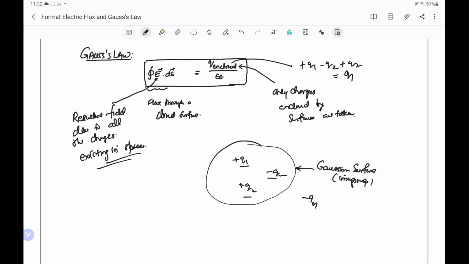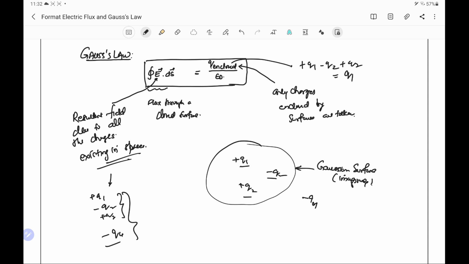While the electric field in the expression includes the electric field due to all the charges. These are the charges enclosed by the surface, and other than this, one more charge exists outside the surface, that is minus q4. So all these charges contribute to the electric field intensity, while the q enclosed are only the charges which are enclosed by the surface.